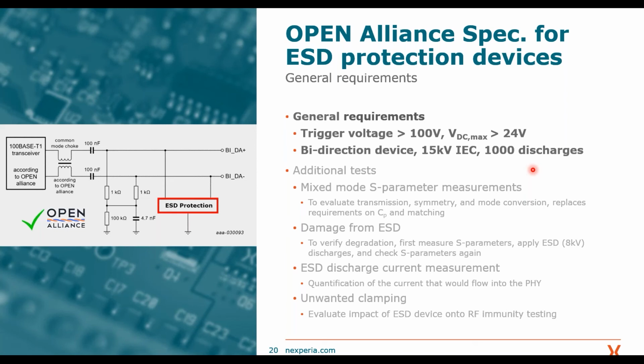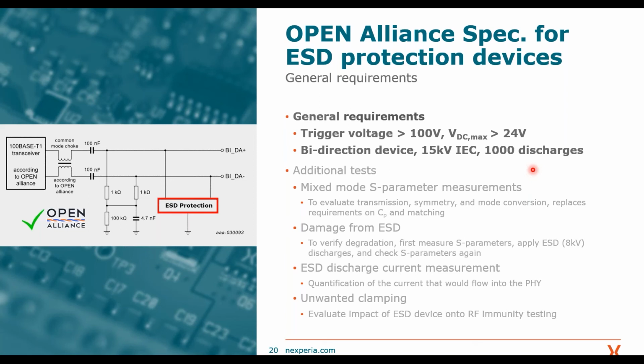Okay, then we will move to some additional tests, which are also special for this Ethernet, and which we do not have for CAN or LIN. And we want to go through all four.